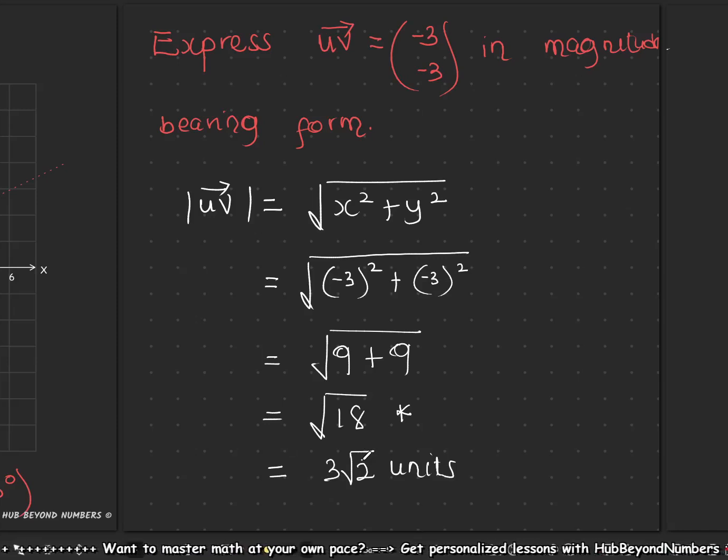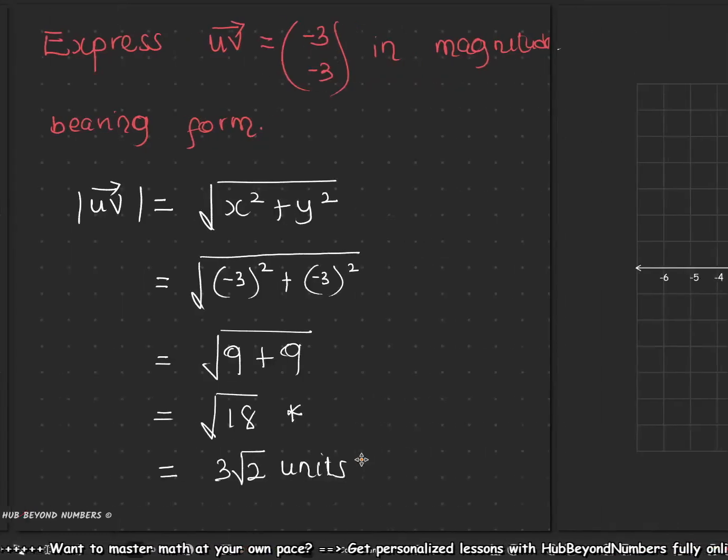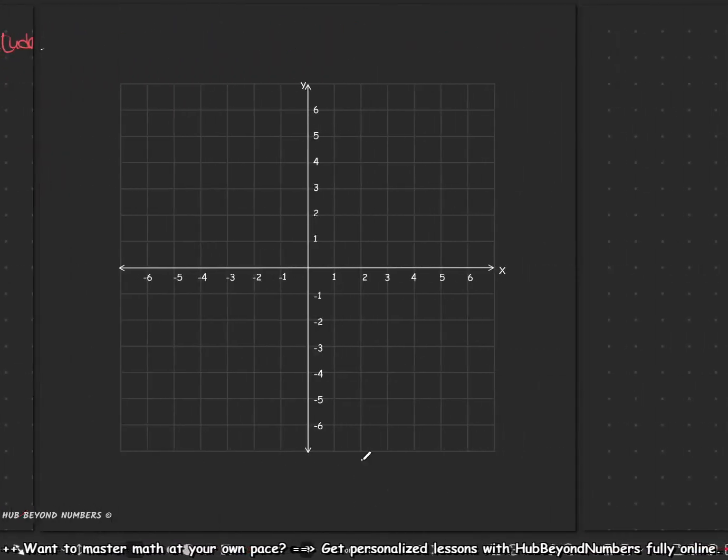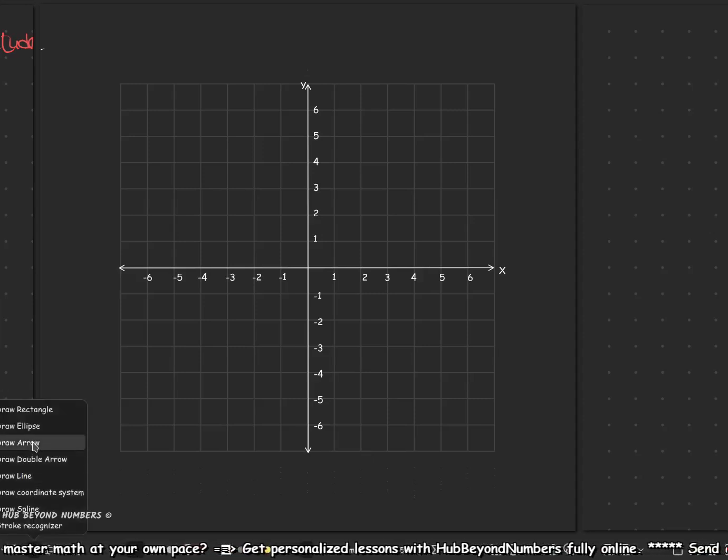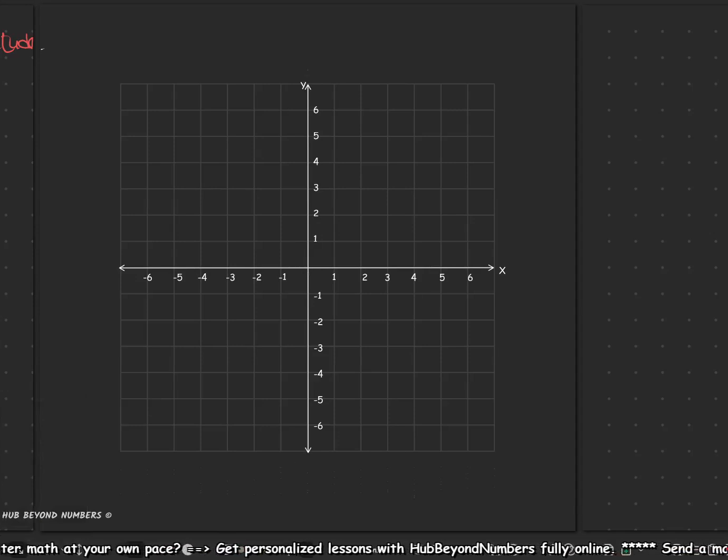So now that we've been able to write the magnitude, we now go to our graph and then try and plot out our -3, -3. So using my arrow, I believe my -3, -3. So we say on x, let us move towards -3.